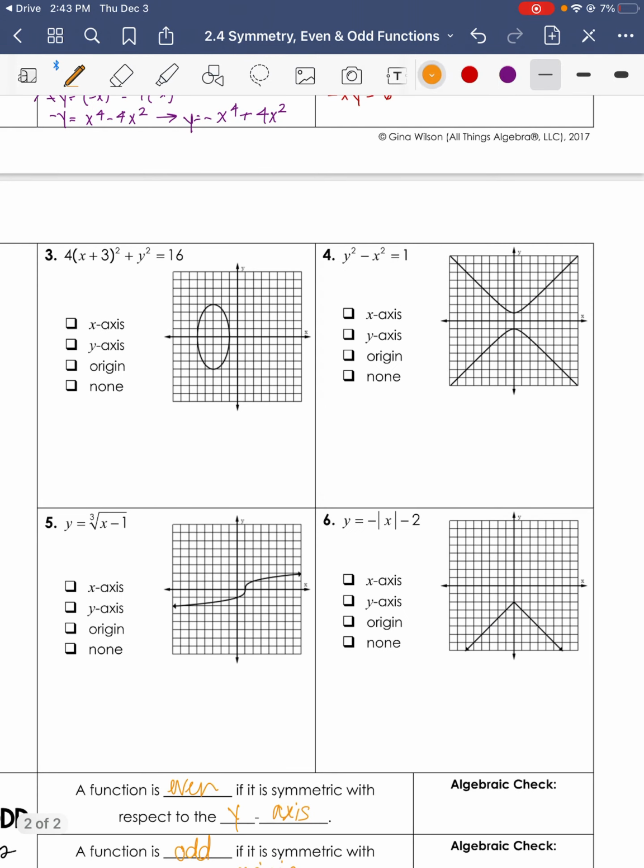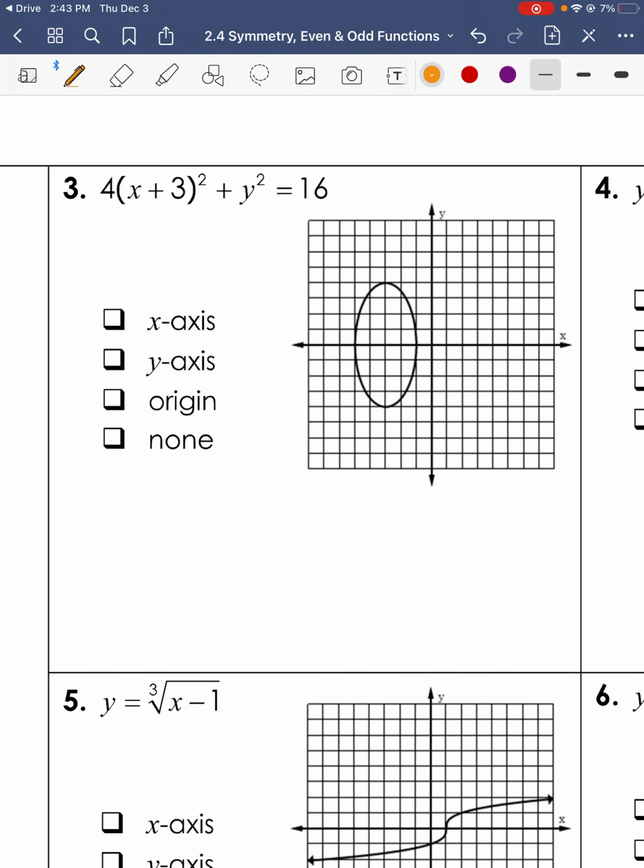Looking at number 3, let's replace x with negative x, so 4 times negative x plus 3 squared plus y squared is equal to 16. So then we just kind of have to rearrange this.